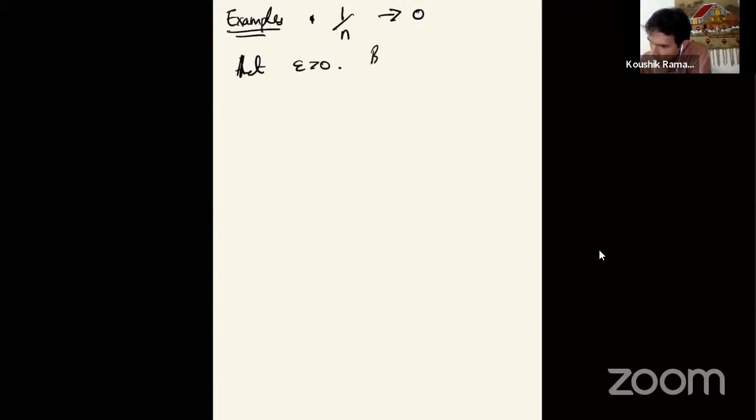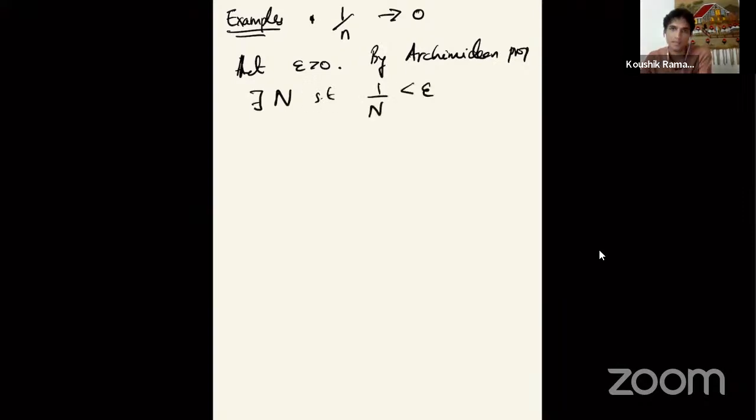So by the Archimedean property, there exists a capital N such that 1 by N is less than epsilon.